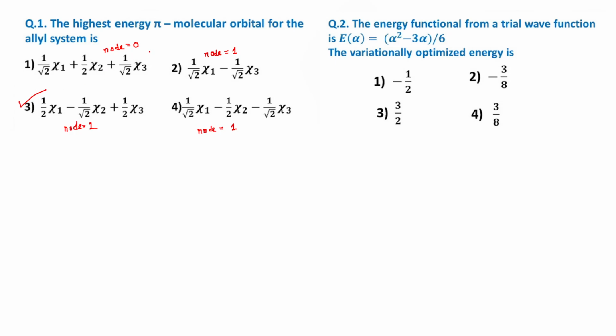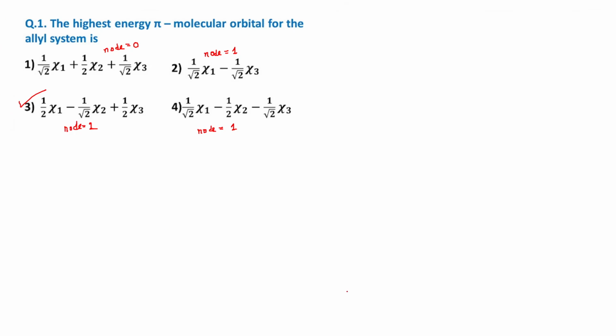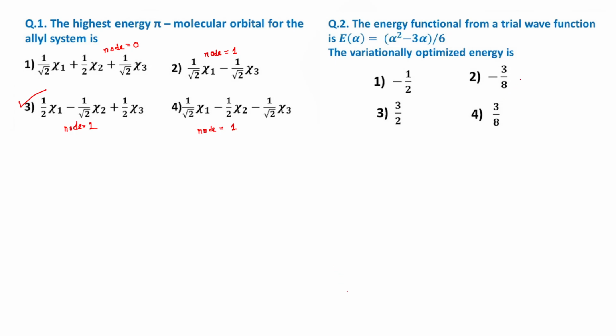So actually, the trial wave function is not given, and what they have done is that they have calculated the energy. This is what we have done earlier also. This is the epsilon, or the functional it is called, that is given: alpha square minus 3 alpha divided by 6.